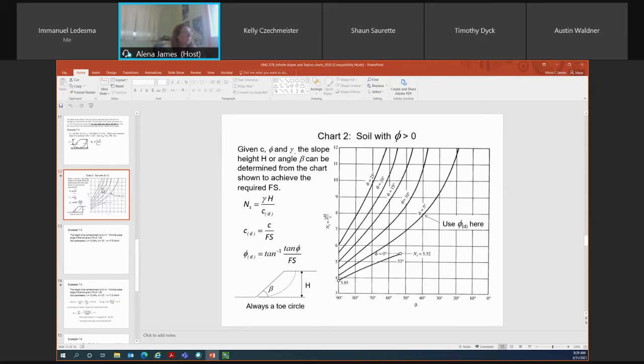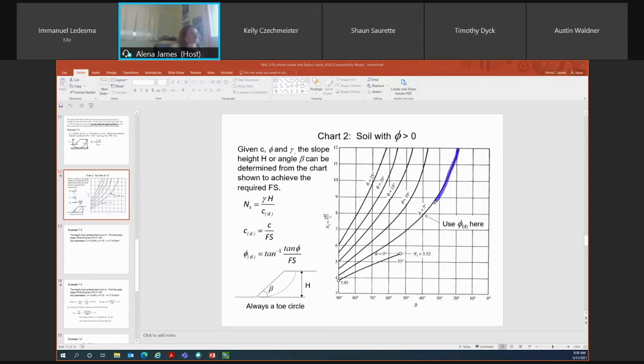This is the chart you use if you have both a cohesion and a friction angle. There are 3 different parameters that you need to calculate when you're using this chart. The first one is NS, the second one is CD, and the third one is phi D. Here I'm going to show.